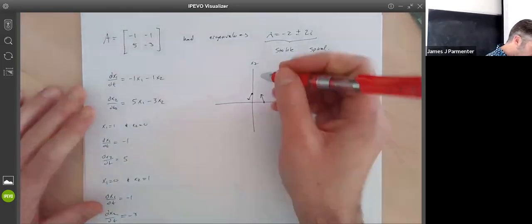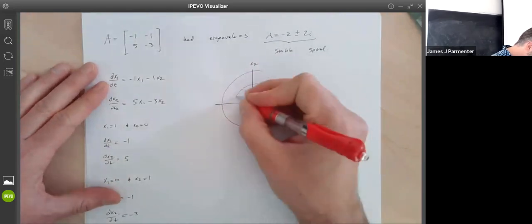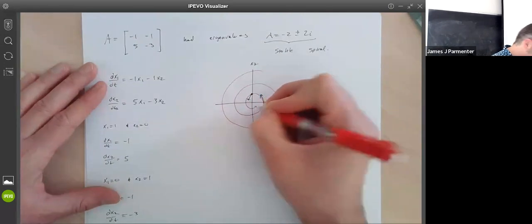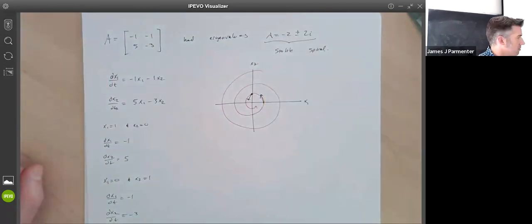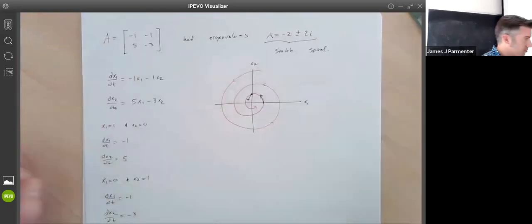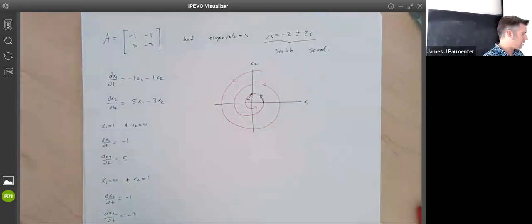So I'm pretty sure that my spiral is doing something like this. I'm going to try and hit these points like that, and we're spiraling inward. So that's the way I would encourage you to think about it: if you have to find the direction of the spiral, you should do it by just graphing a couple direction arrows and seeing which way it's going.